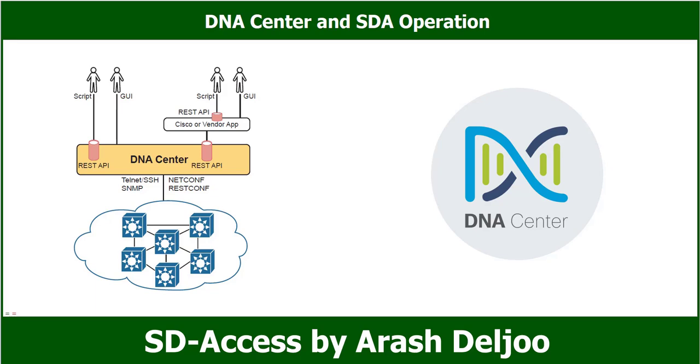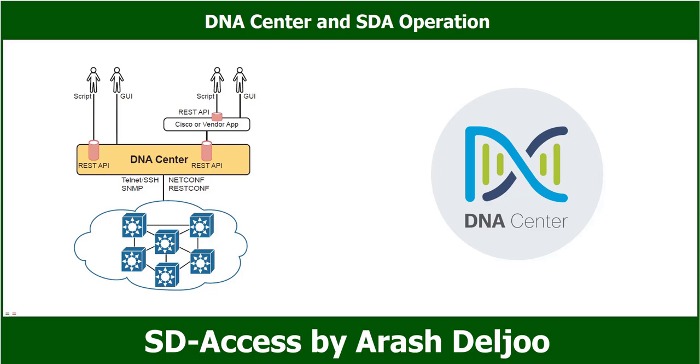Cisco DNA Center supports several southbound APIs so that the controller can communicate with the devices it manages. You can think of these as two categories. First, protocols to support traditional networking devices or software versions, like Telnet, SSH, and SNMP, and protocols to support more recent networking devices or software versions, like NETCONF and RESTCONF.